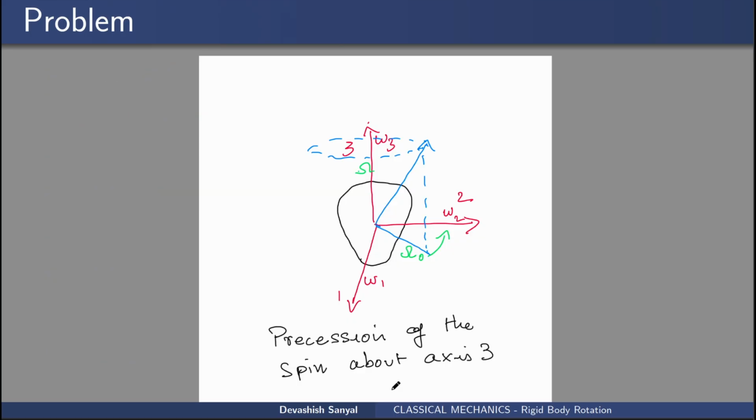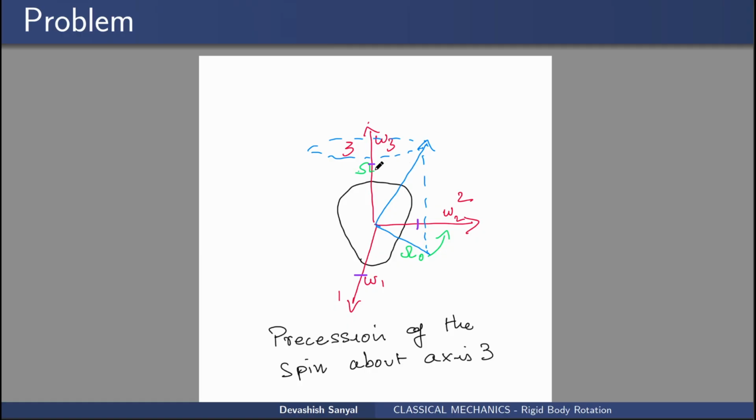From here we can see one thing. So this is the body, and this is direction 1, a principal axis which is rotating with the body. This is omega 2, this is direction 2, and this is direction 3.